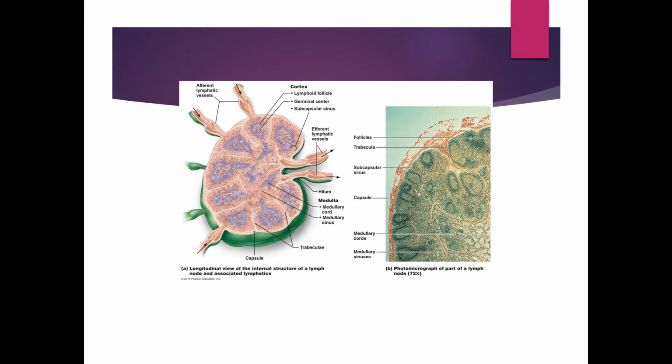All right, so here's the deal. Lymph fluid is going to come in through these more numerous afferent vessels, and then you're going to have both B cells and T cells within the cortex and the medulla. B cells out here in the cortex and T cells more in the medulla. And this is where antigen challenge is going to be encountered.